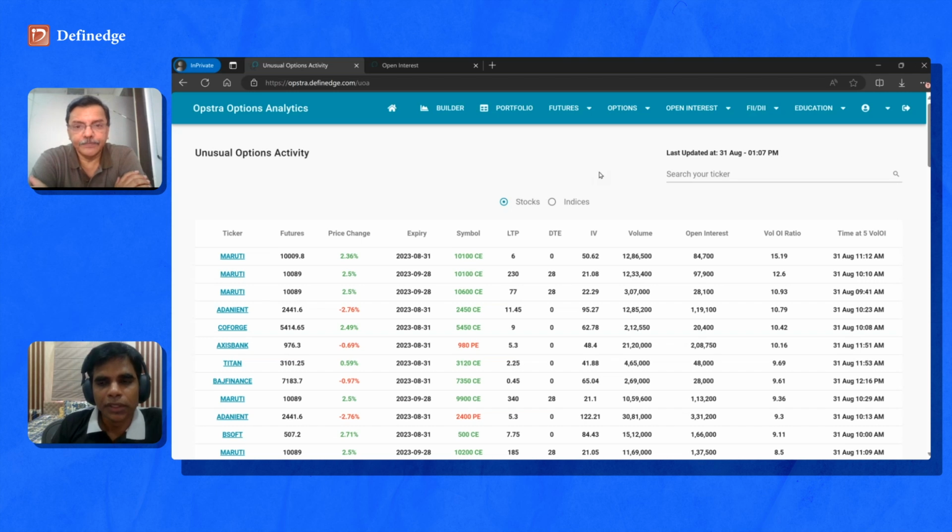Now, based on the observations that we have had so far using this analysis, if the volume activity is 5 times that of open interest, then we think that is good unusual options activity, and it is worth looking at what is happening in that.